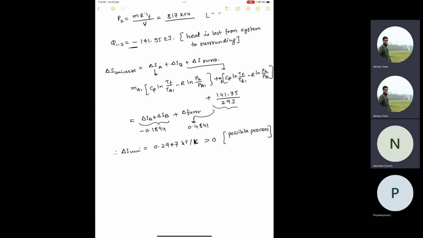Question number 4, I think. In a steam power plant, 1 megawatt is added in the boiler, 0.6 megawatt is taken out in the condenser. Pump work is 0.005. Find the plant's thermal efficiency.